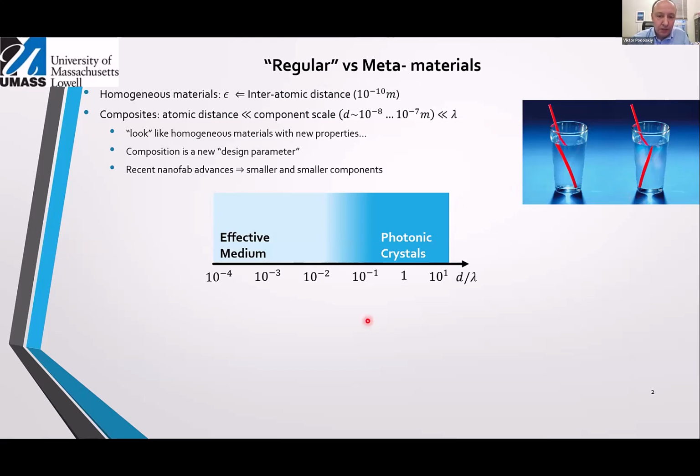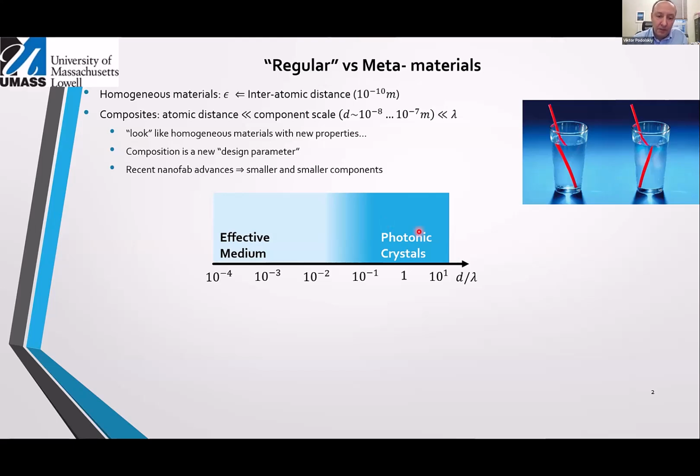This picture that you see here is the picture that is often talked about, and I myself have been promoting it for a number of years: when the scale of inhomogeneity inside your material is of the order of your operating wavelength, you're in the photonic crystal regime, where the properties of materials are essentially given by the interference of light scattered by multiple inclusions.